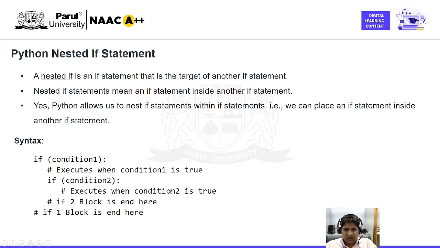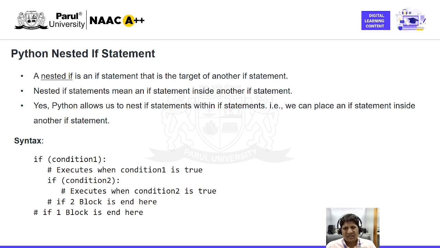Execute when condition 2 is true. If condition 1 is true, then this statement executes. Condition 2 is checked. If condition 2 is true, then this statement executes. Then block 2 ends, and then block 1 ends. It means an if statement is executed after another if statement.